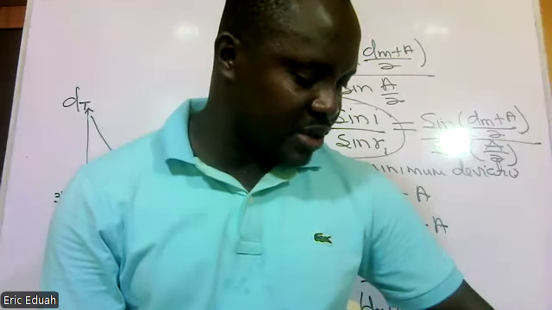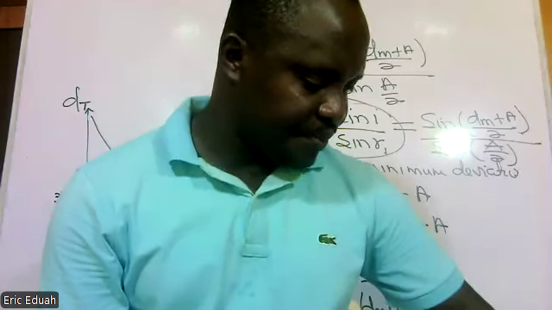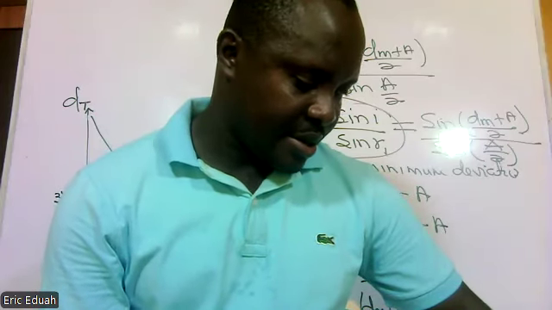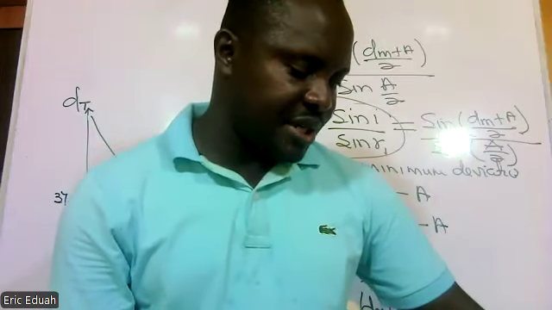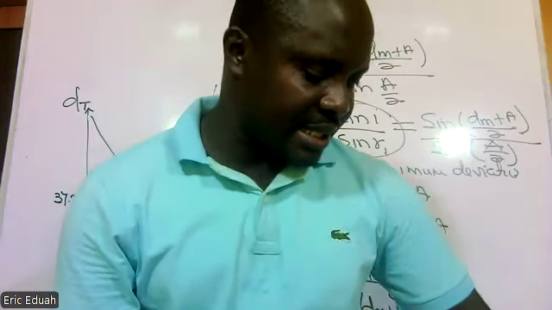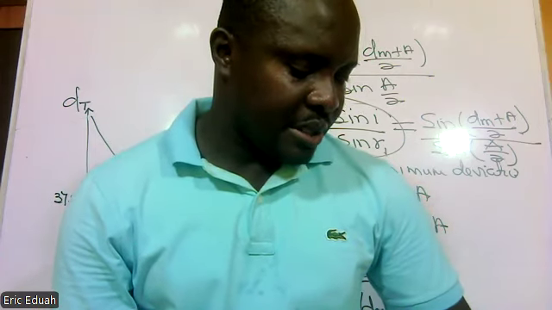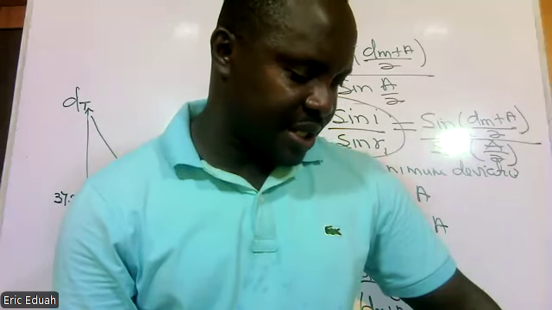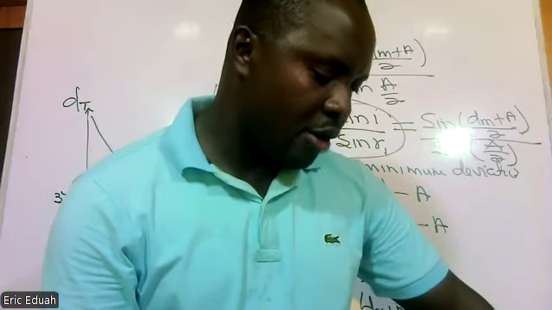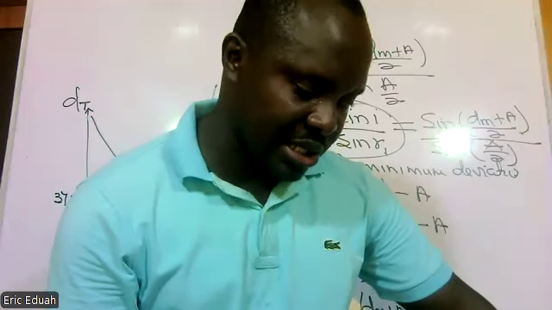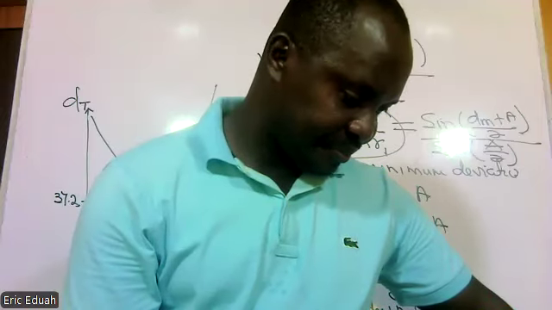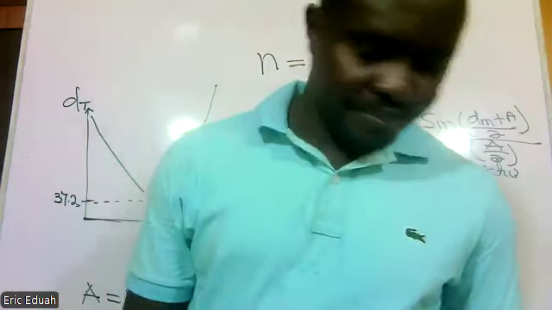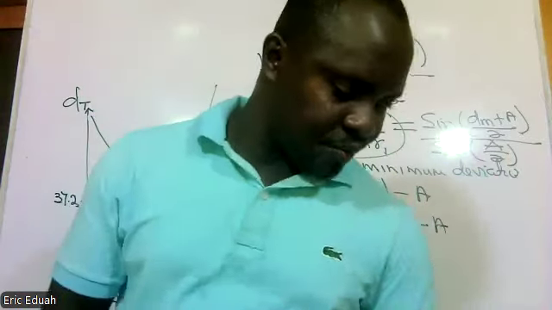Calculate the minimum deviation of a ray of light that passes through it. So this is question 1. And I'm giving you another question, question 2.